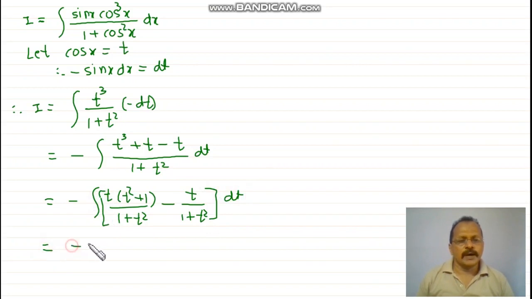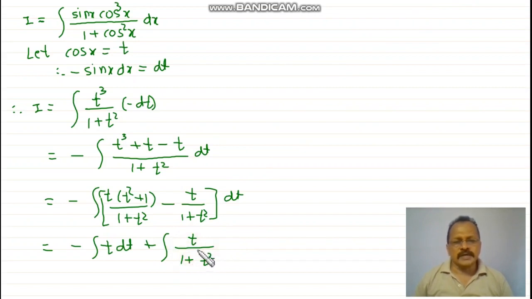equal to minus integration t dt. 1 plus t square term will get cancelled here, minus minus plus integration t upon 1 plus t square. The derivative of 1 plus t square is 2t.